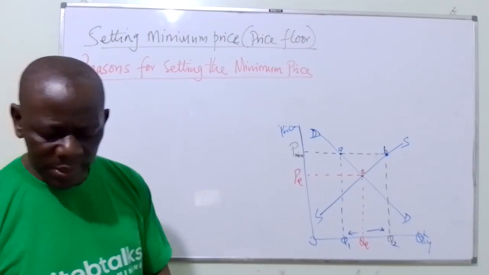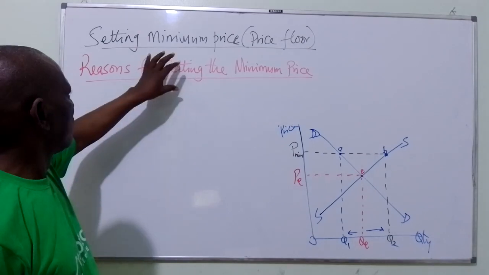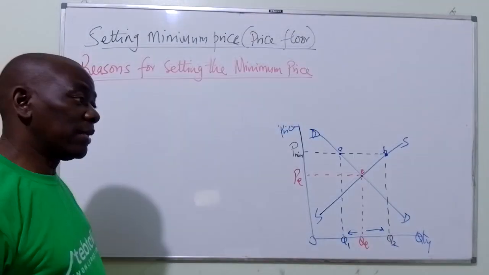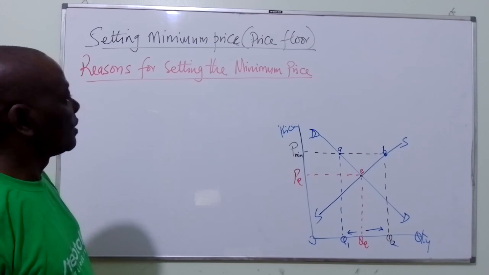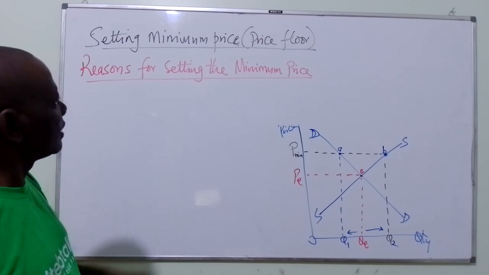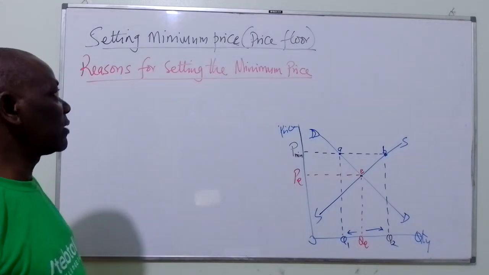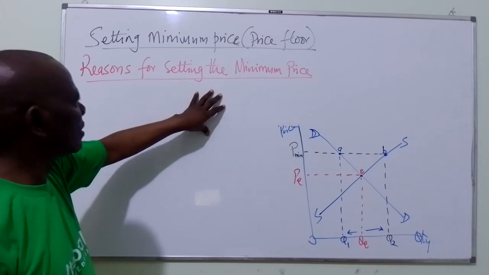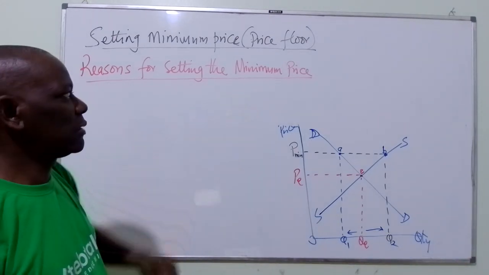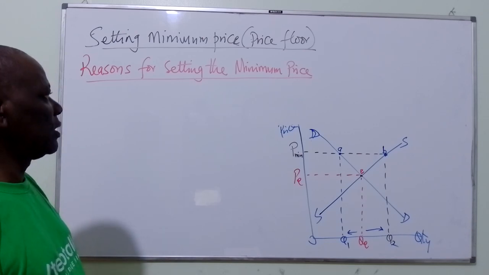Reasons. Why does government come out to set the minimum price? So we are looking at the reasons behind setting the minimum price. And as we said earlier, this minimum price is what's supposed to be ruling in the market once it is set. But what reason does government have to set this minimum price? What forces it to set it?